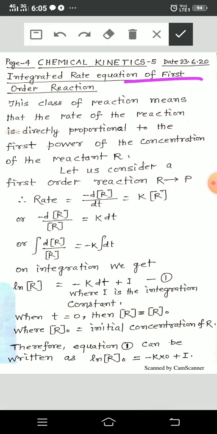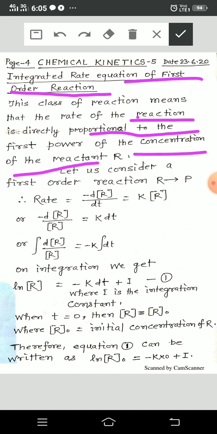First order reaction. This class of reaction means that the rate of the reaction is directly proportional to first power of the concentration of the reactant R. Let us consider a first order reaction. R gives product P.